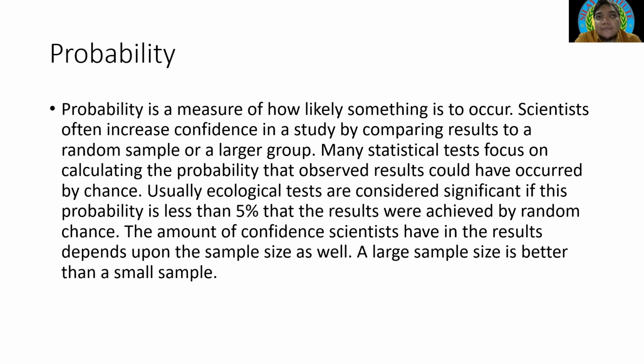Out of those sample sizes from the population, we can already conduct reliability and validity, and then proceed to the testing of the study, so that it will become valid and reliable. Remember, the larger sample size is better than the smaller sample size.